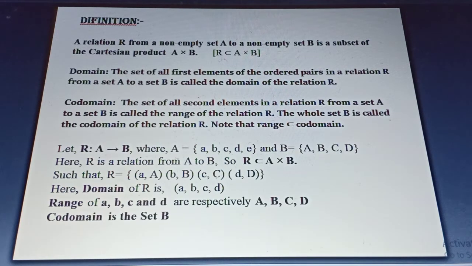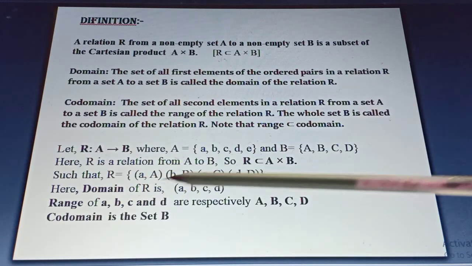So here R is a subset of that A cross B whose elements are listed here.